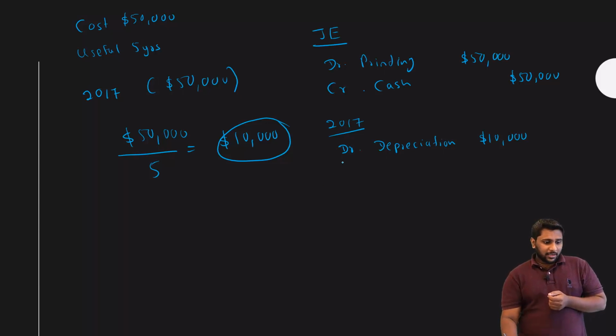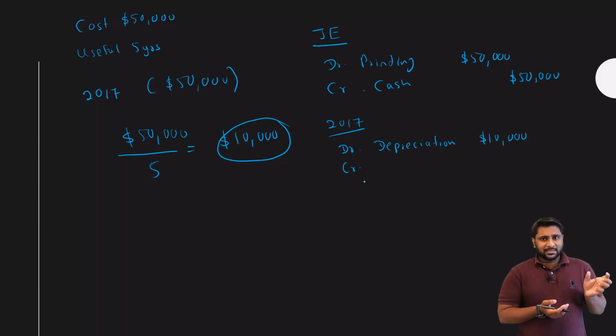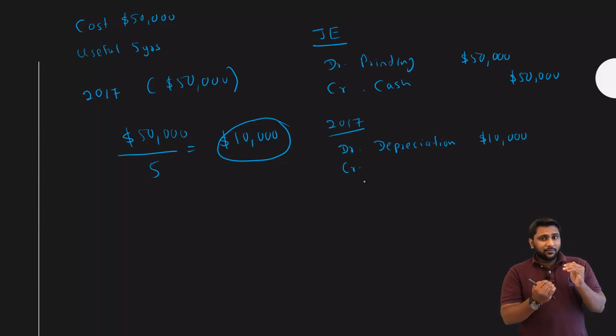So you might think the credit record should be printing machine, credit 10,000 US dollars, because the printing machine is an asset. When that asset increases, we recorded it as a debit record. So if the value decreases by 10,000 US dollars for the year 2017, you might think let's reduce that value from the printing machine account.